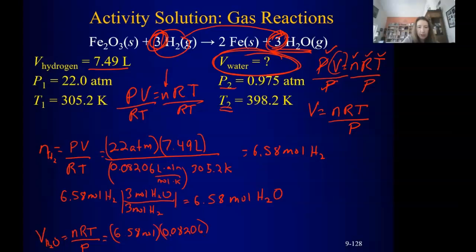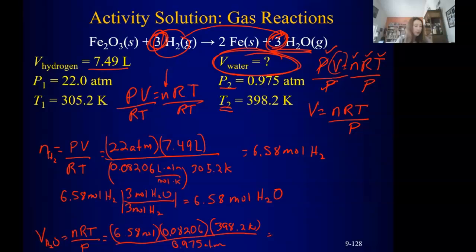I'm not going to put the whole unit in this time, times new temperature, 398.2, over P, 0.975 atmospheres. Right? And then we just put it in our calculator.